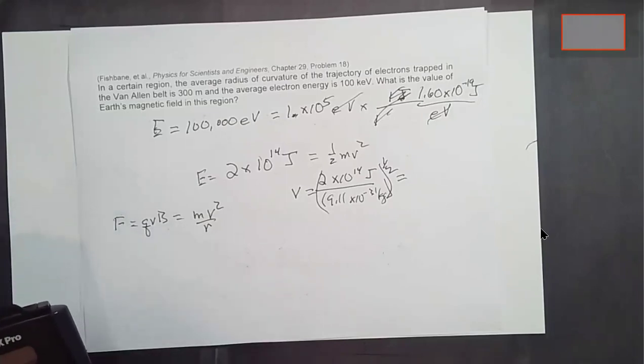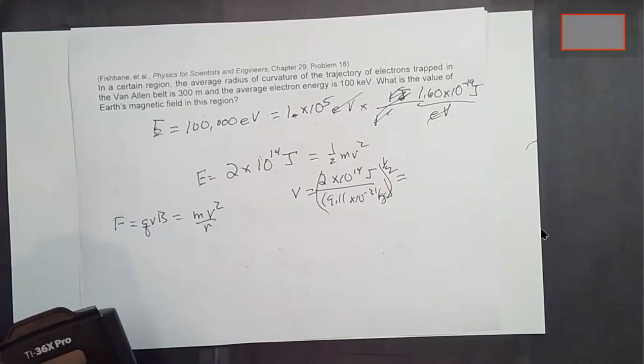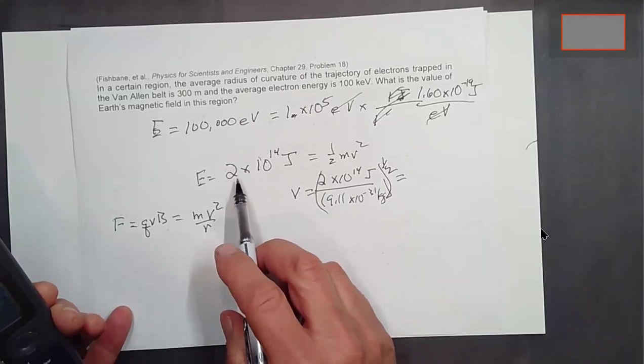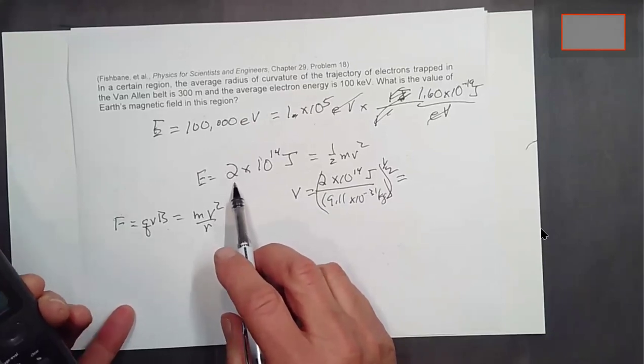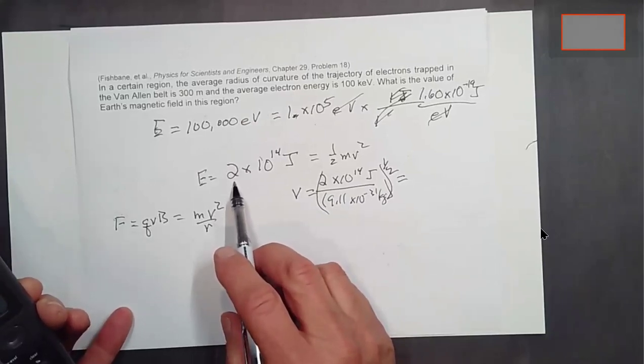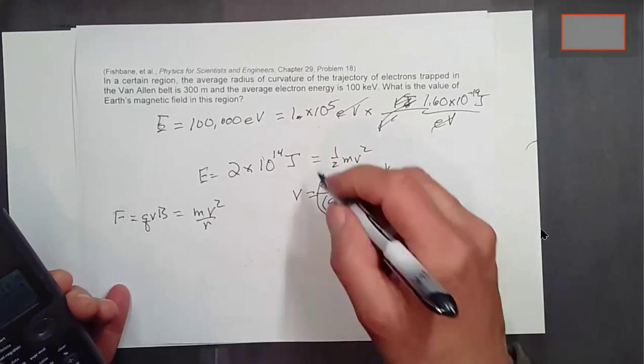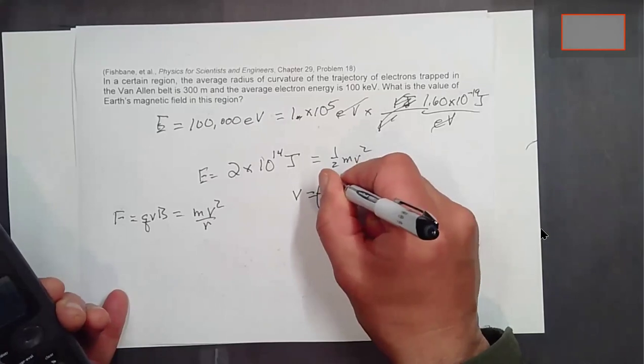Anyway, 2 times 10 to the 14th divided by, oh. Yeah, that was from rounding that. I've got a 1/2, so I'd actually have 4 times 10 to the 14th here.